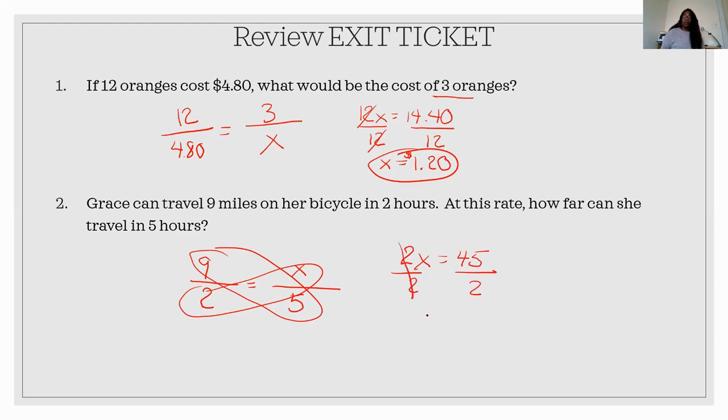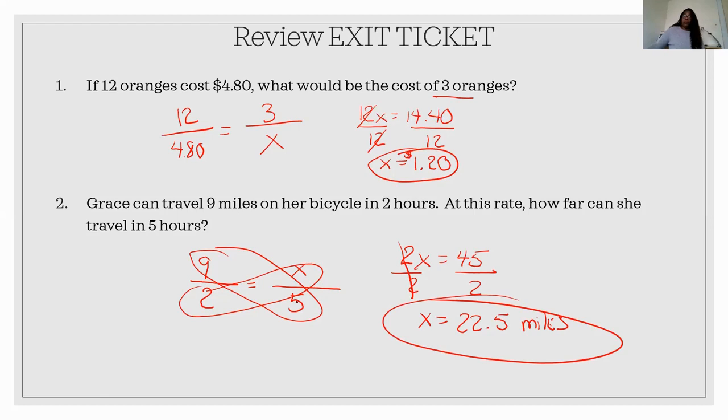Once I cancel out my 2's, that gives me 1x, or just x, and then I have 45 divided by 2, which gives me 22.5. So 22.5 what? Hopefully you're saying 22.5 miles. So Grace is moving. She's covering that mileage in 5 hours.